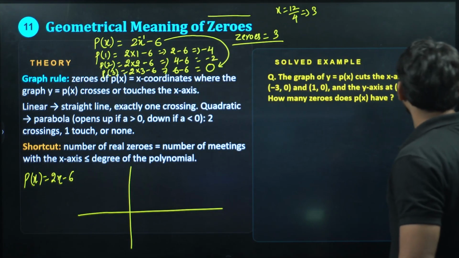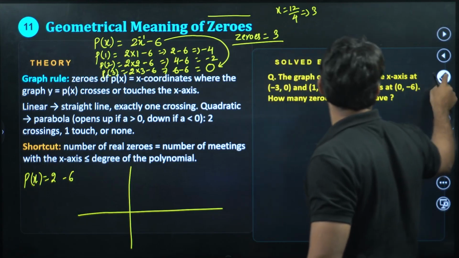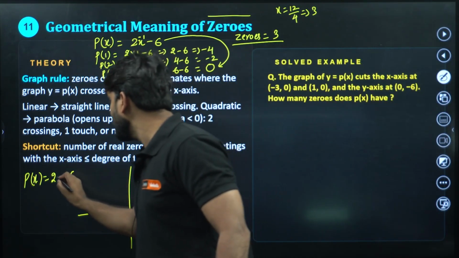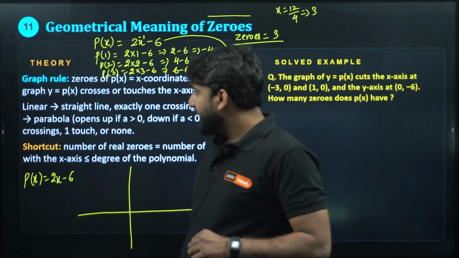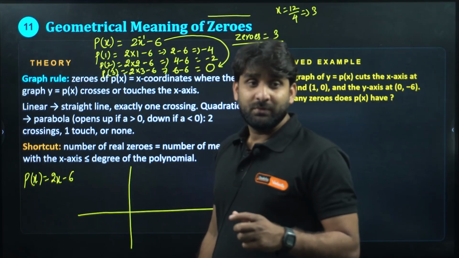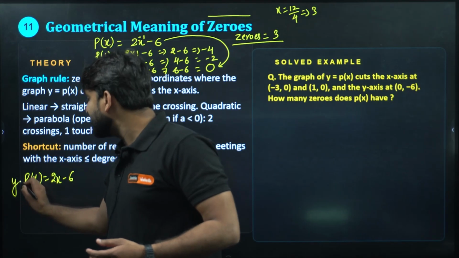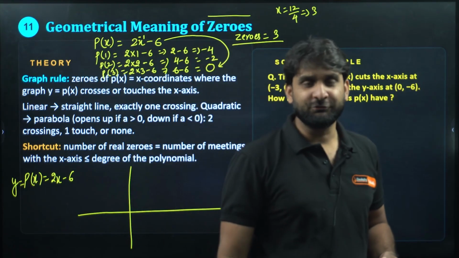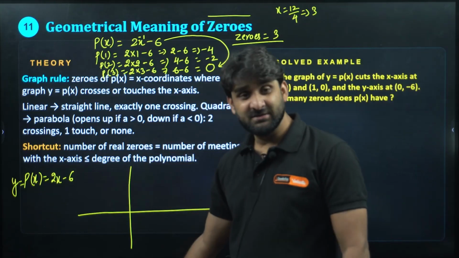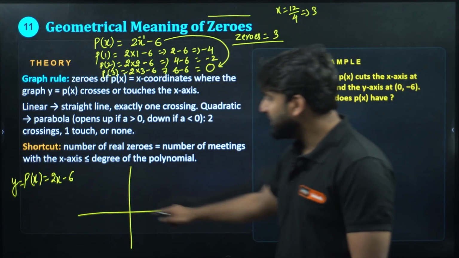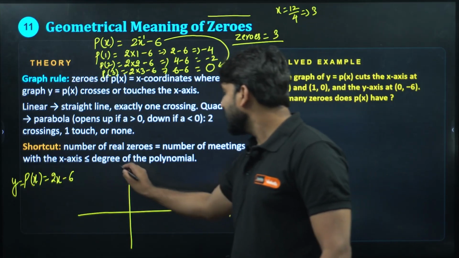Clear everyone? p(x) means polynomial in terms of x. In mathematical terms, this p(x) is also represented as y. At the place of p(x), we can assume y. This is your x-axis, and this is your y-axis.